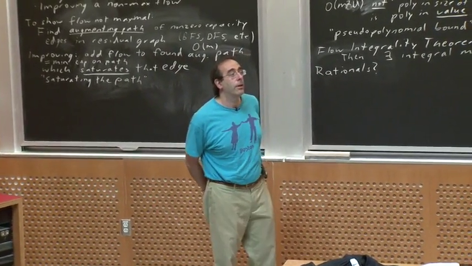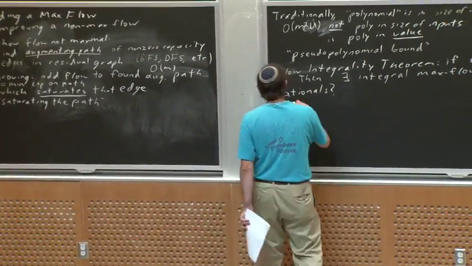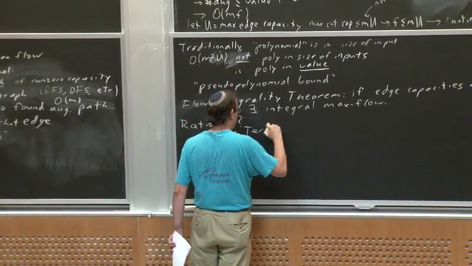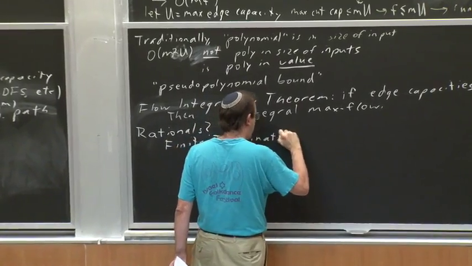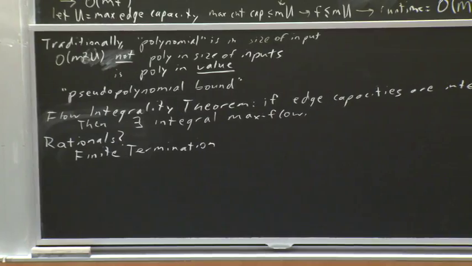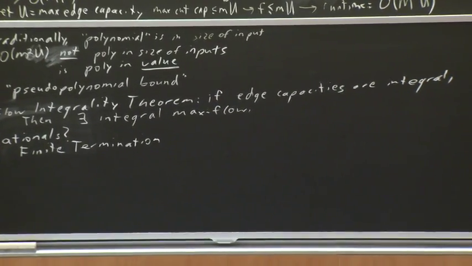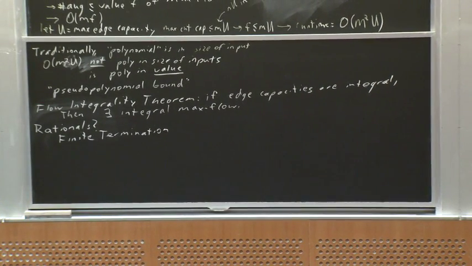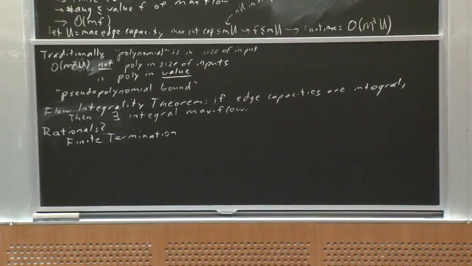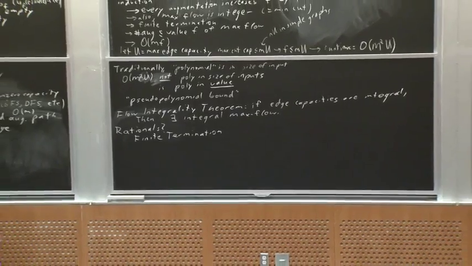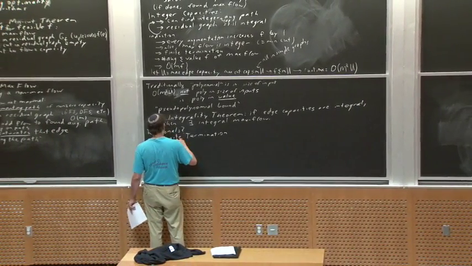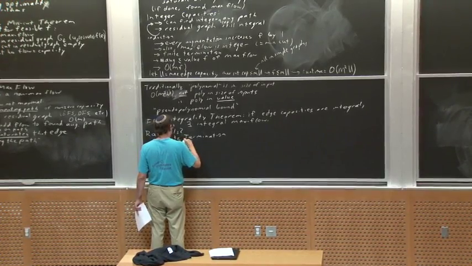Yes? Terminates in finite time. Which, again, is sort of the most important first claim to make. Why do we know that it terminates in finite time? You can multiply all the capacities by the LCM.